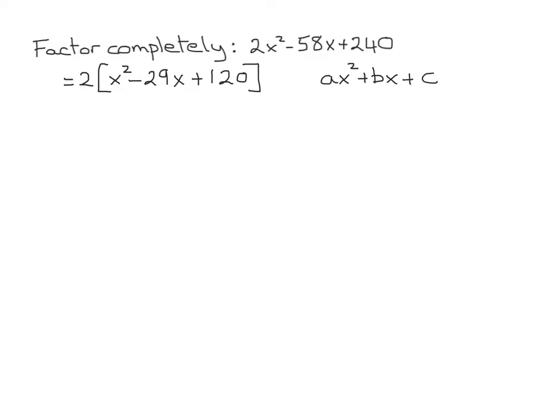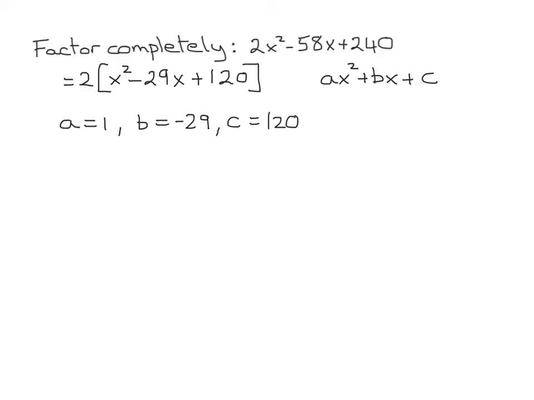So a is the coefficient of the x squared term, which is just 1. b is the coefficient of the x term, negative 29. And c is the constant term, which is 120.